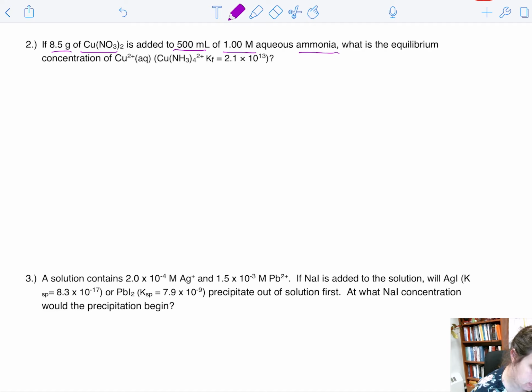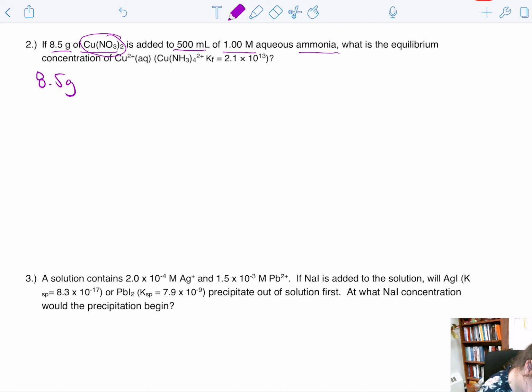So first thing to note, copper nitrate will completely dissolve into copper ions. There will be no intact copper nitrate. Okay, so let's convert from grams of copper nitrate into moles of copper nitrate into moles of copper 2+, and then concentration of copper 2+.